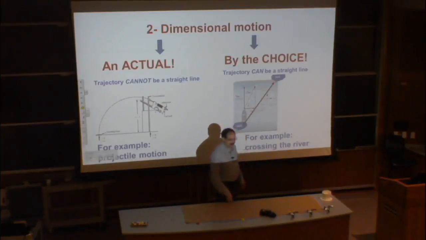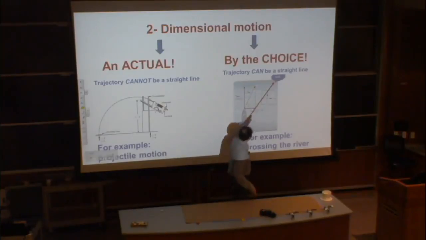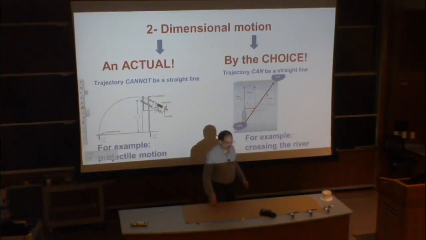So technically, this is a one-dimensional motion. We could have drawn the x-axis, and that's it. However, for simple reasons of convenience, it's actually easier to treat this one-dimensional motion as a two-dimensional motion.